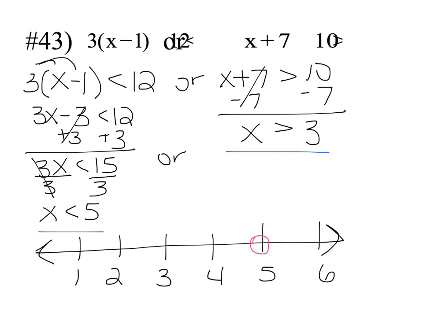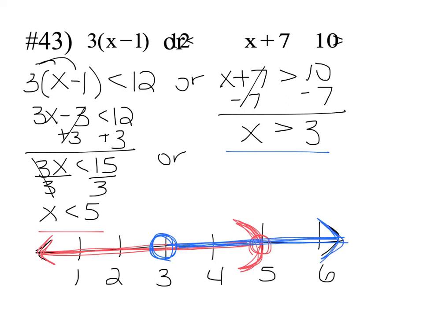At the 5, I've got an open circle shading the direction that the arrow is pointing because my variable's first. And it's a parenthesis because it's just less than. Blue, talking about open circle at 3, shading the way the arrow is pointing because my variable's first. And we change that open circle to a parenthesis.